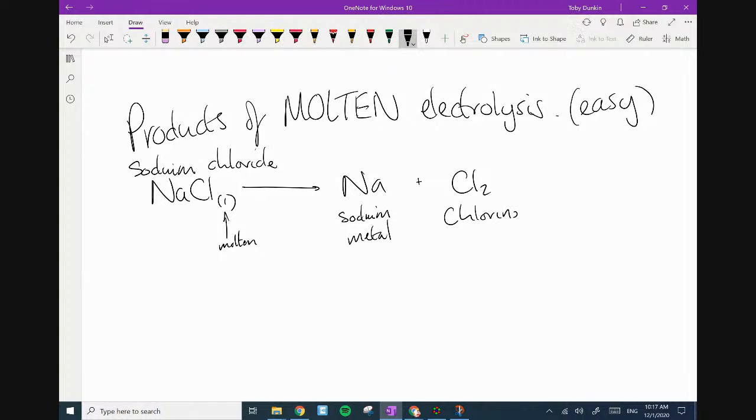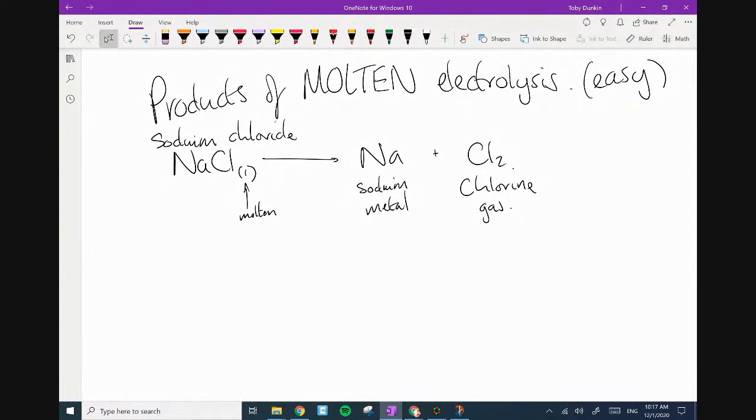Molten electrolysis rips them back into their elements. And then we can balance the equation: 1 Na, 1 Na, 1 chloride, 2 chlorines, 2 atoms there, double it and double it, there we go.